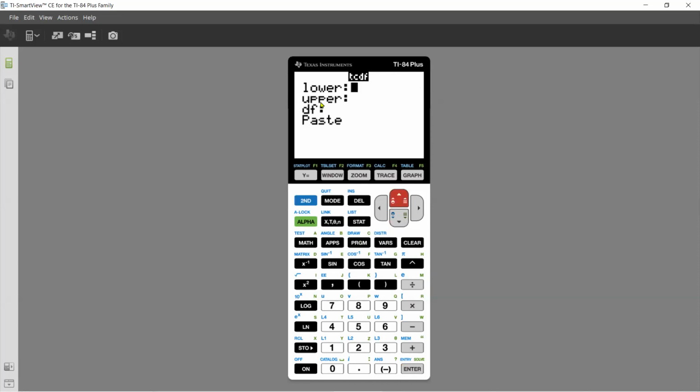Is that what the T was? Yes. 2.321. My upper is infinity. So we go second, enter exponent on top of number, on top of, is that on top of the log? No. Where is my number?